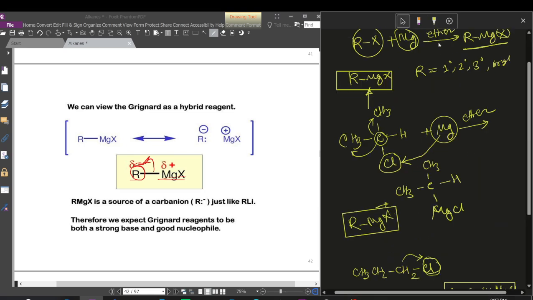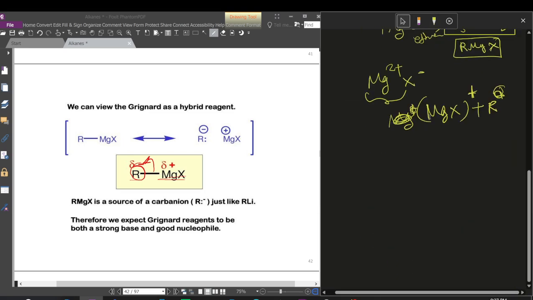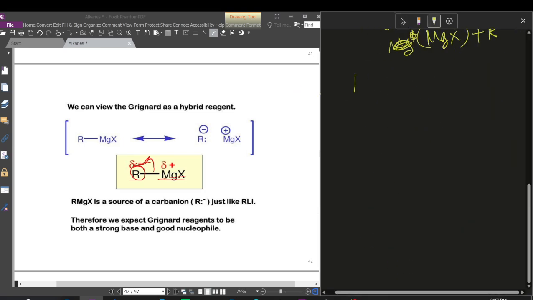So here let me write again. We know that this is our alkyl magnesium halide, Grignard reagent. Magnesium is plus 2, halogen is minus 1, so the total is plus 1.